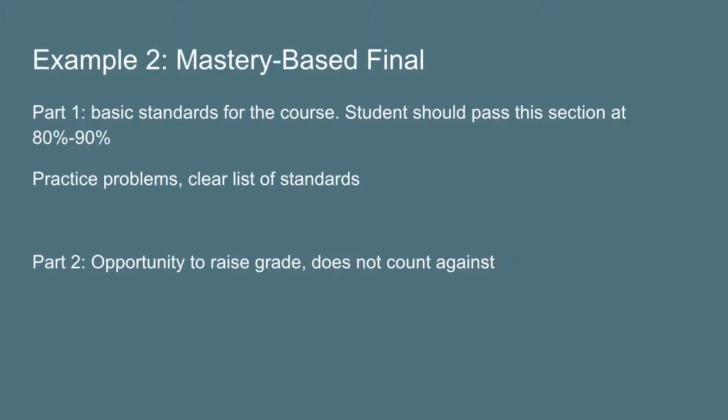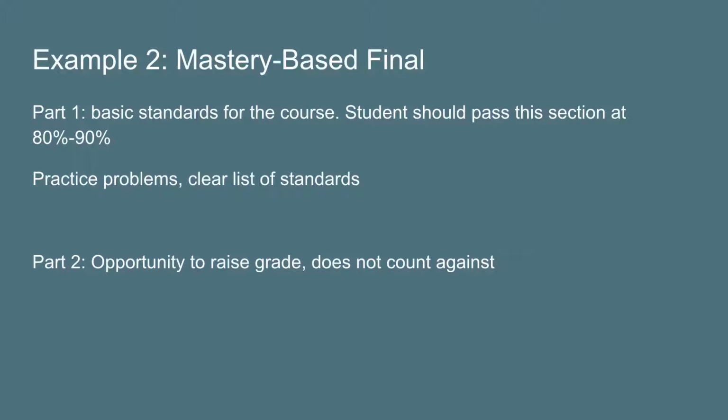So how do mastery-based finals work? The first thing is you write the final exam in 2 parts. Part 1 has all the basic standards for the course, and students should pass this section at, say, 80 to 90% or higher. A student who passes part 1 of the final gets at least a C in the course, or they keep the pre-final grade.